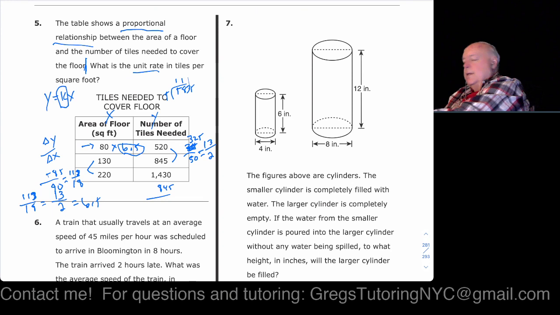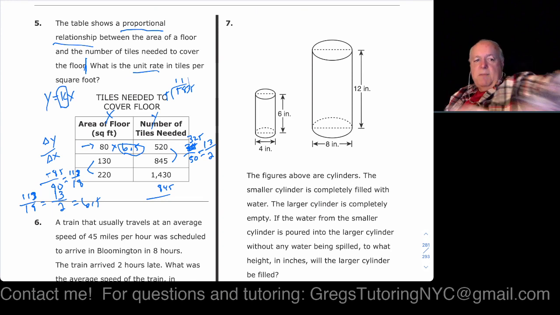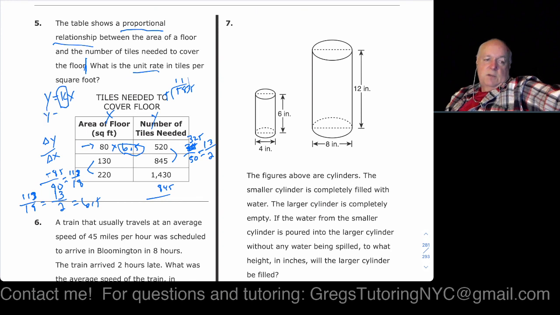And now that we know what K is, we can feed it back in. So we're going to get y is equal to 6.5x or 13 over 2x, right? All right, so we could plug our number in there, which is basically any of these choices here, into the x, and we should get the y.